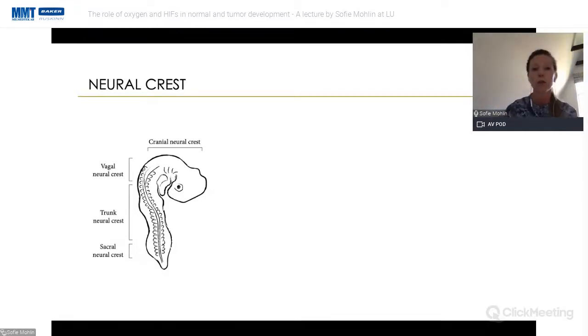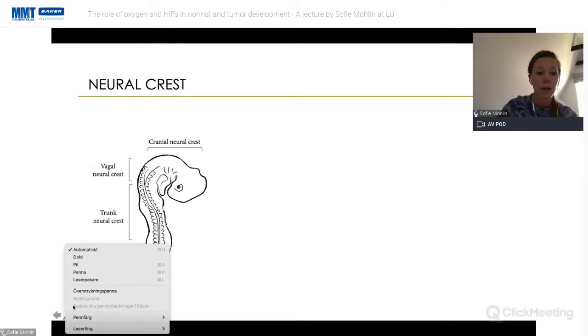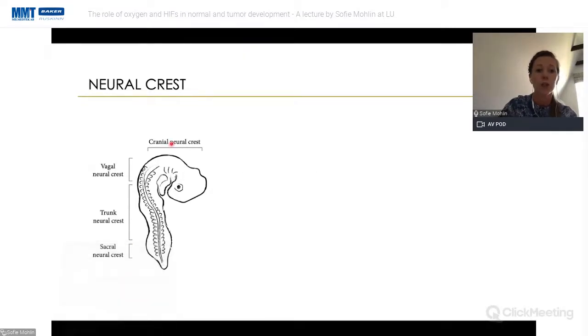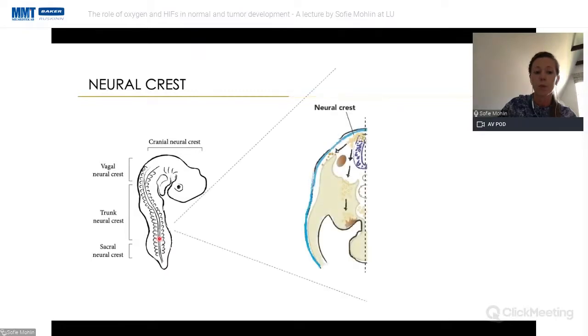There are 4 different derivatives of the neural crest: the cranial, vagal, trunk, and sacral, depending on the anterior to posterior position along the embryonic body. The larger part is constituted by the trunk neural crest, and this is what we are interested in, since this is where the sympathetic and parasympathetic ganglia derive from.